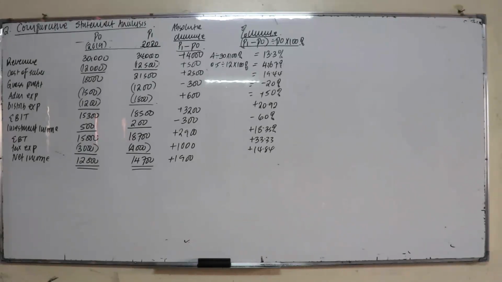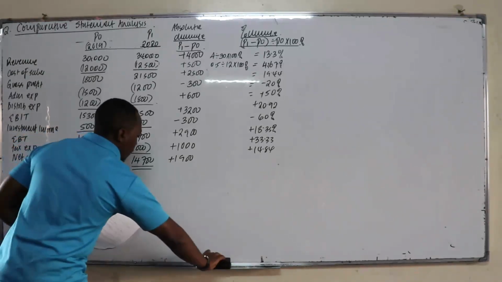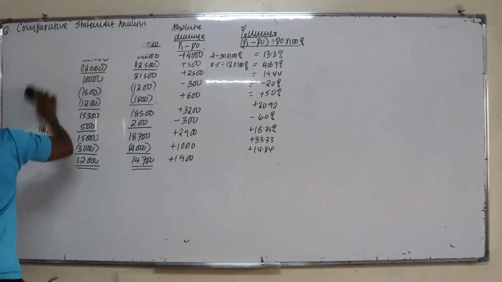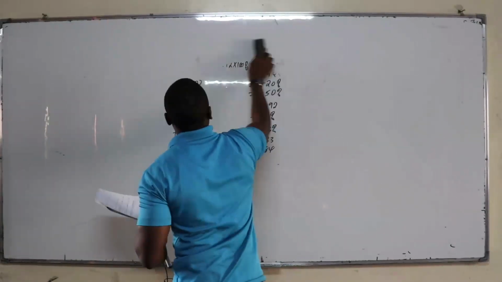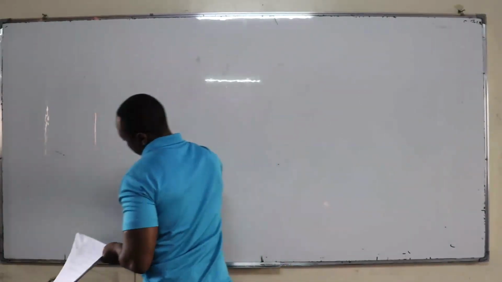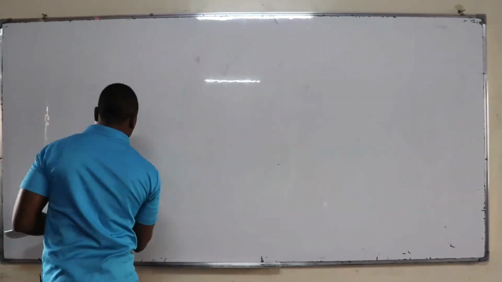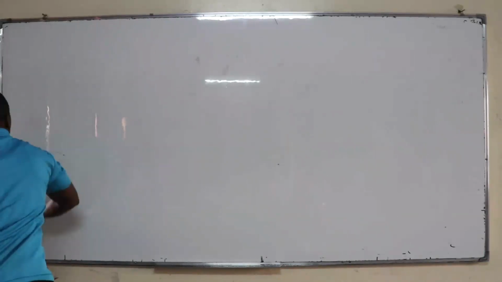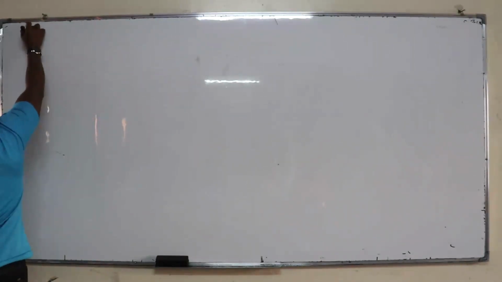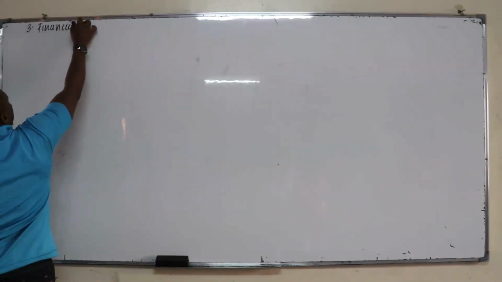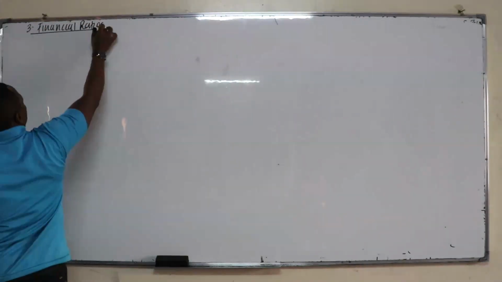Good. So now let's look at the third tool, which is financial ratios. Ratios can be categorized into 5 categories as follows, so you need to get those formulas.